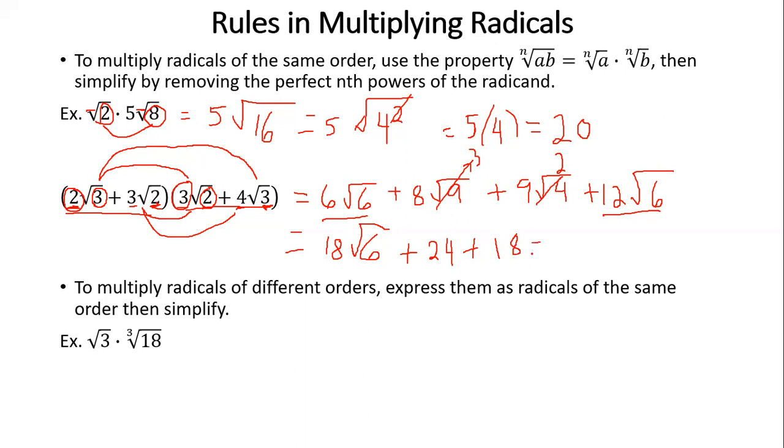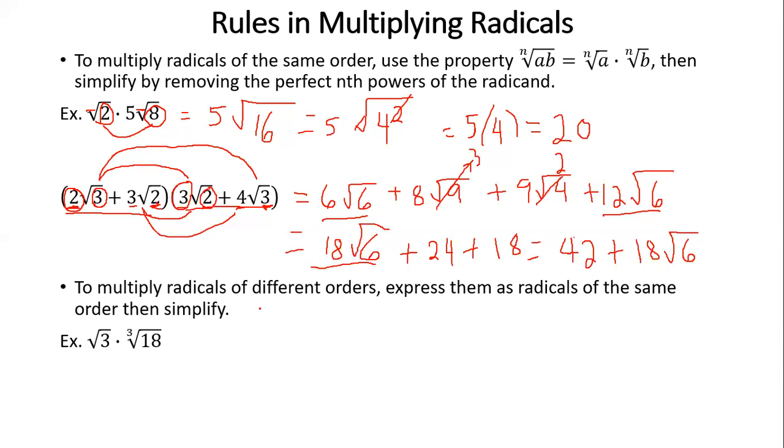So, our final answer is, so 24 plus 18, that is equivalent to 42. Plus, kasi nga po positive yan, 18 square root of 6. Ayan. So that will be our final answer.